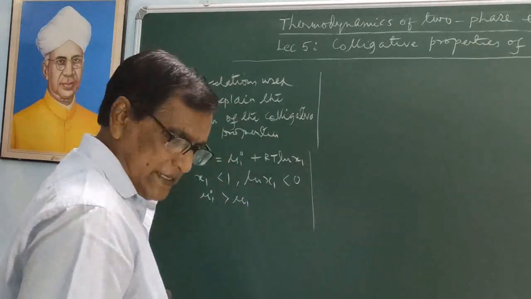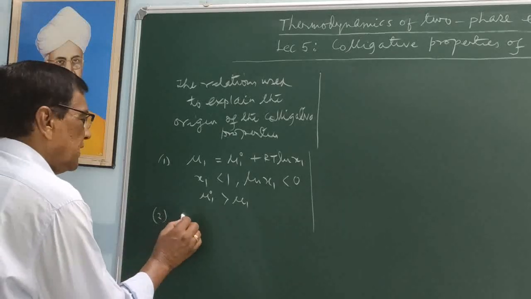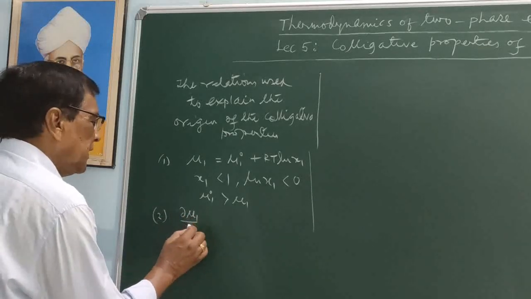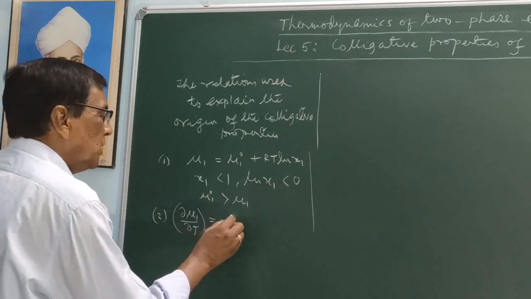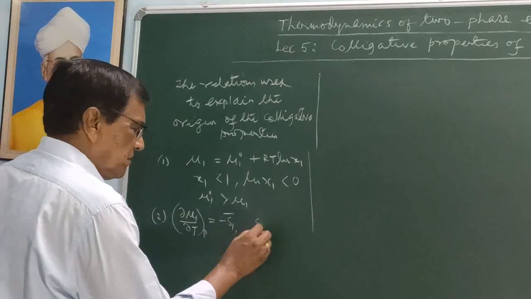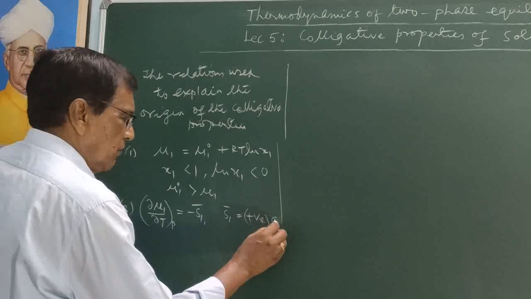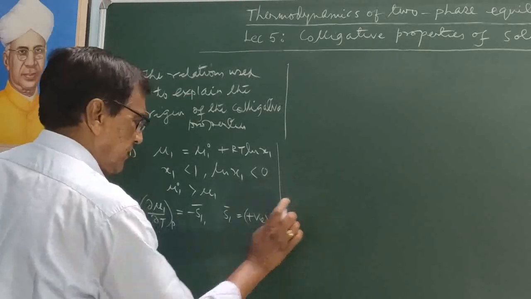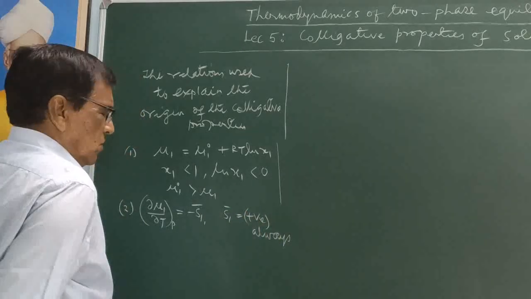The second relation, del mu 1 by del T at a constant pressure, is equal to minus S1 bar, and S1 bar is always positive.